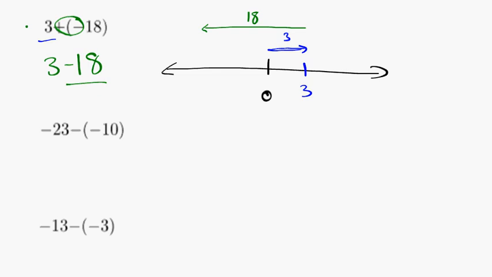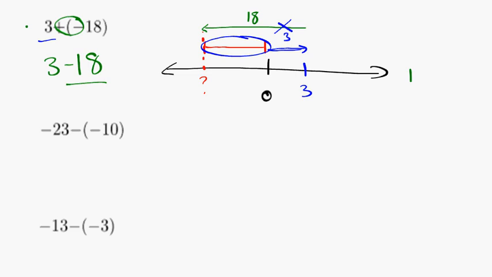So the question is, how far to the left of 0 do we end up? If the total distance here is 18, you have to subtract this distance of 3 to figure out your remaining distance here.